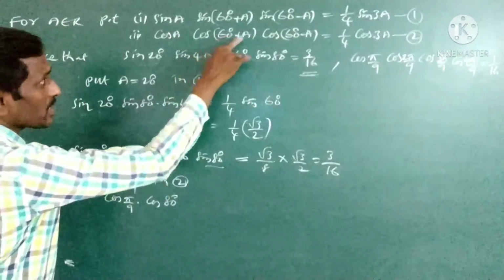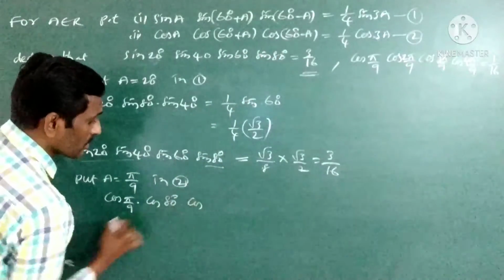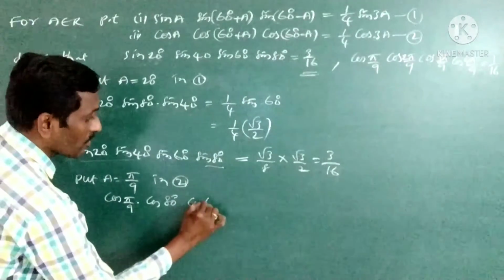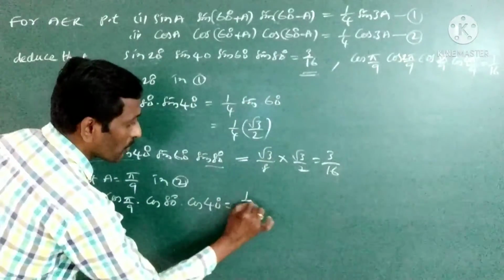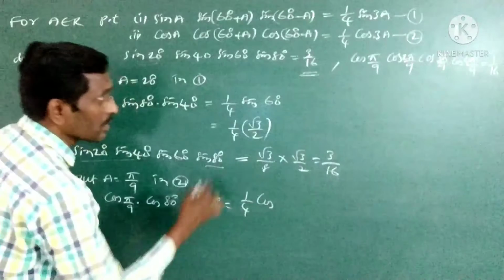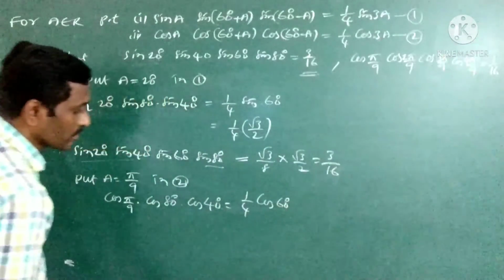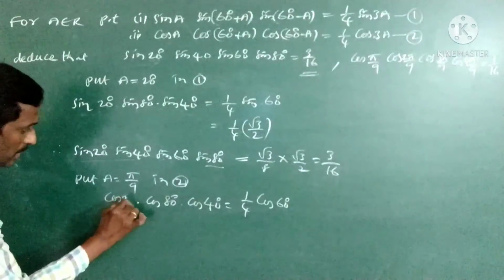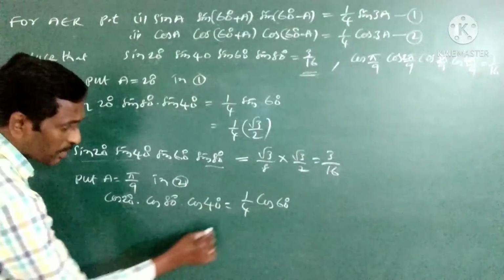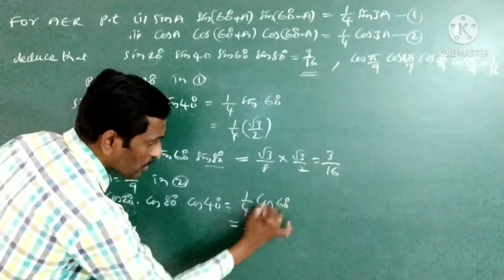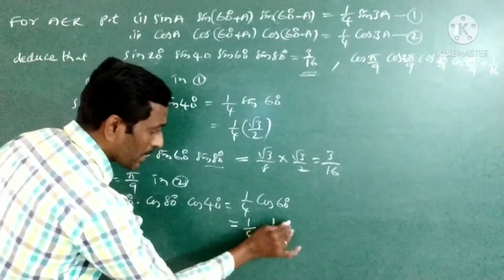Then cos of 60 minus 20, 40 degrees, is equal to 1 by 4 times cos of 3 times 20, which is 60 again. So this also I am going to write in 20 degrees. And now if we simplify this, it is 1 by 4 into cos 60, with the value 1 by 2 only. So the total is 1 by 8.